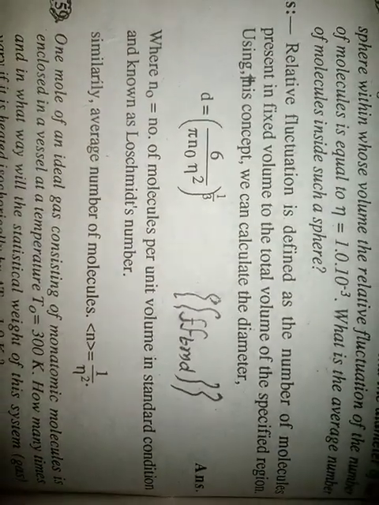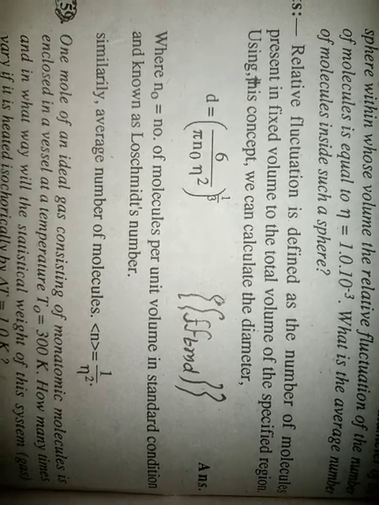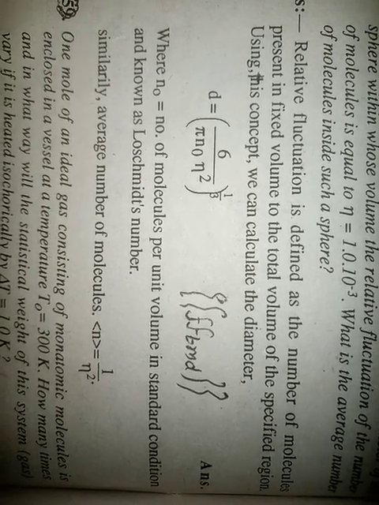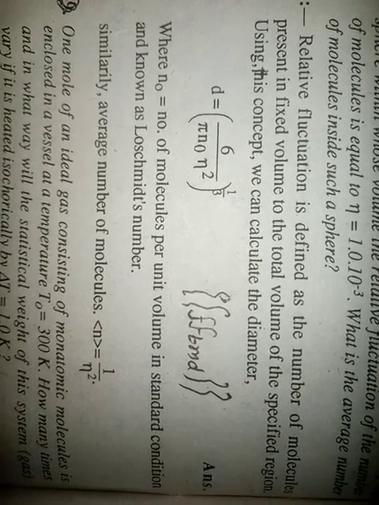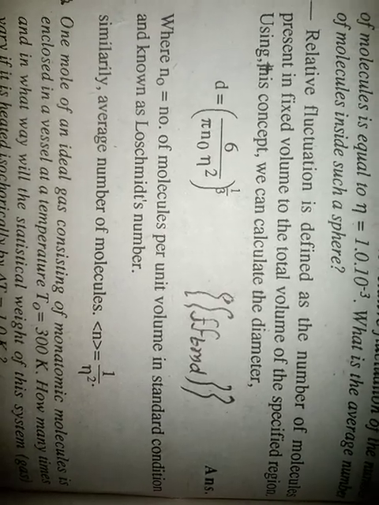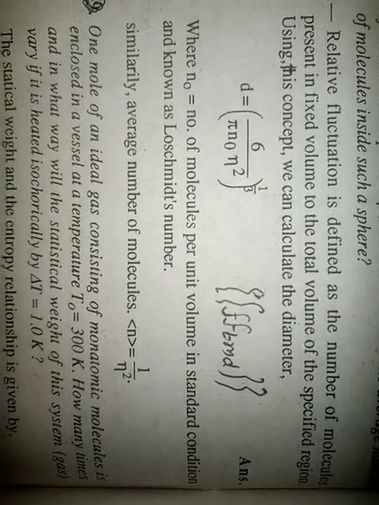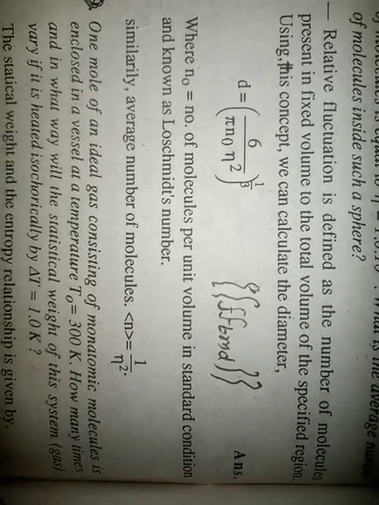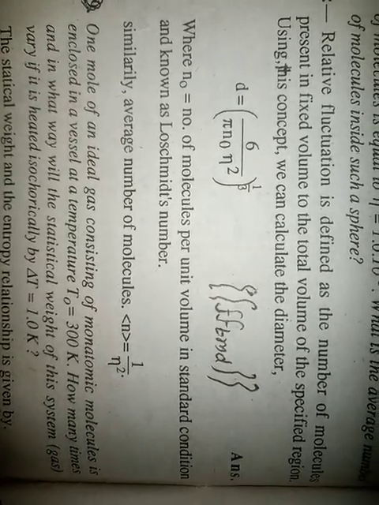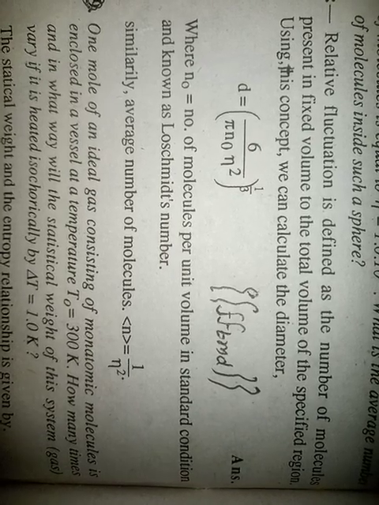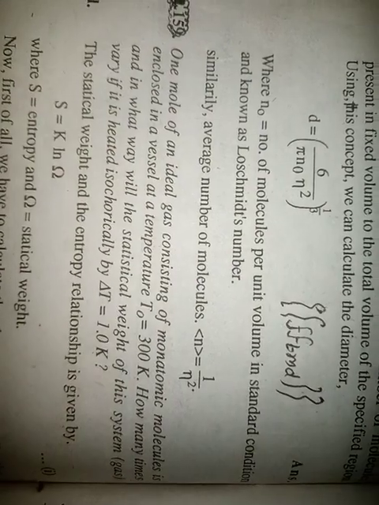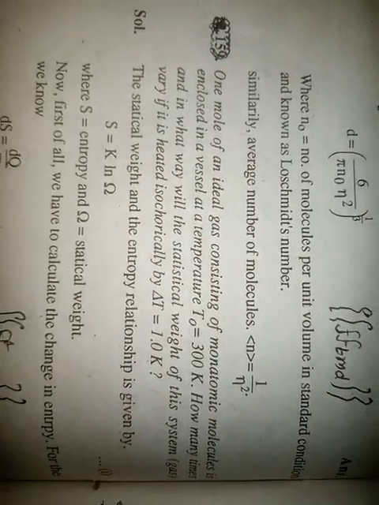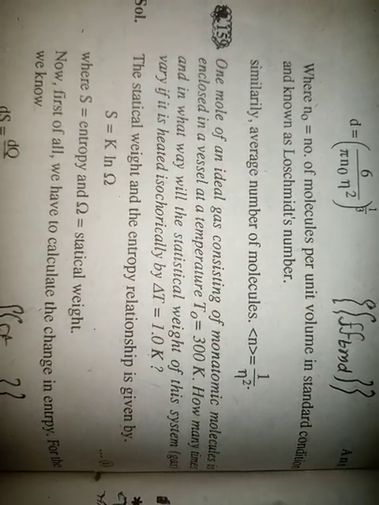Using this concept, we can calculate the diameter as d equals (6 by pi n naught eta square) to the whole power 1 by 3, where n naught equals the number of molecules per unit volume in standard condition, known as Loschmidt's number. Similarly, the average number of molecules, average n, equals 1 by eta square.